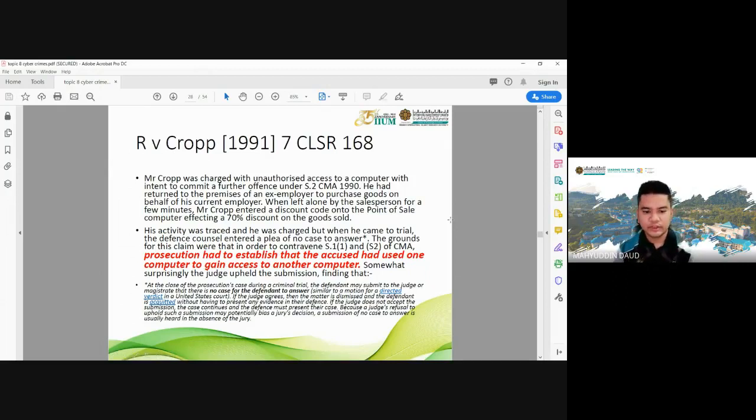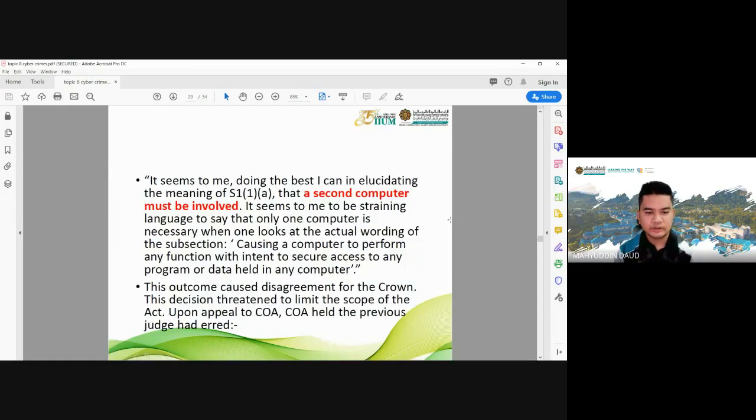That was the submission of the defense. The judge at the lower court was swayed by this and agreed that a second computer must be involved.